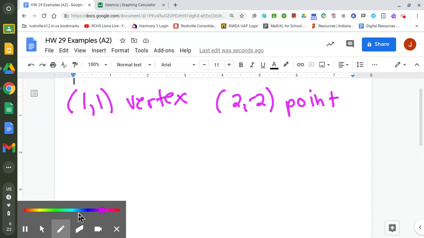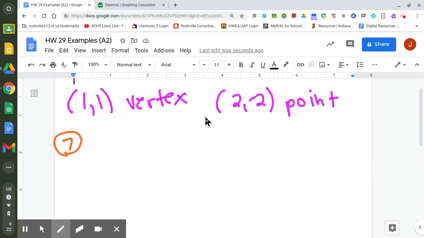So now we're going to do the same thing on number 7 that we did on number 6, except we don't have a picture of the graph. We just have the actual points. So again, this time I'll use a y. I'm going to use my vertex form, and I'm going to substitute in where I need to substitute.